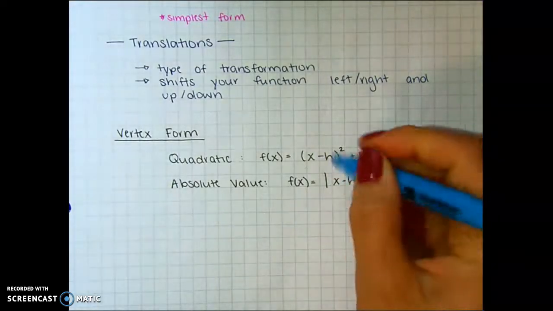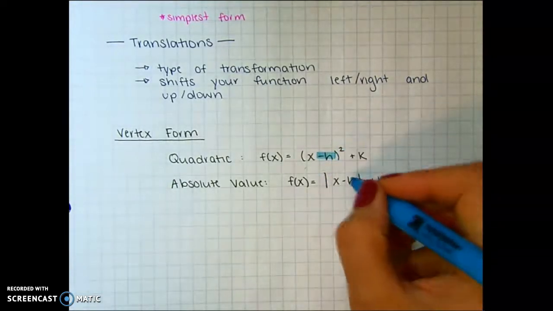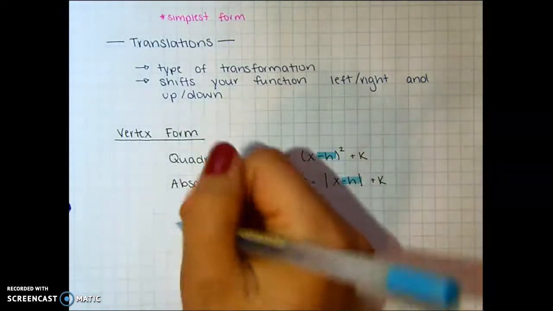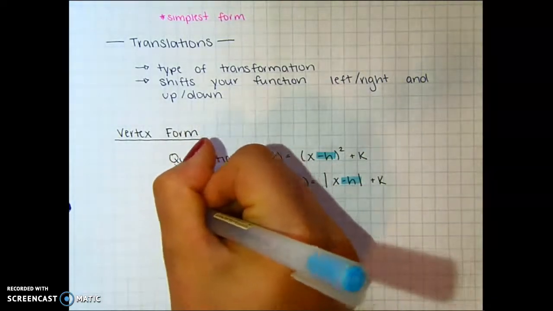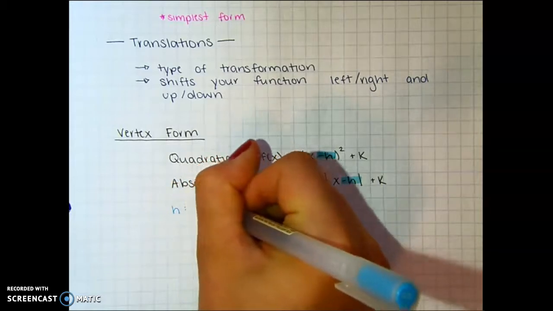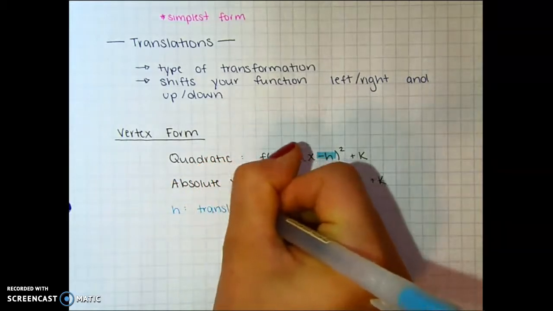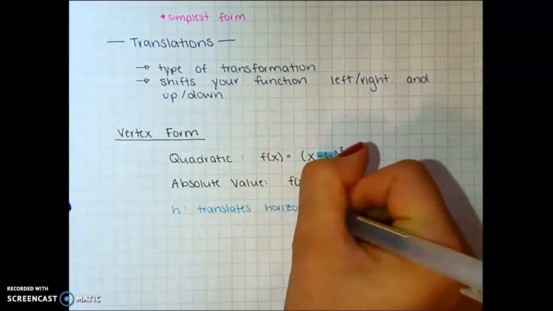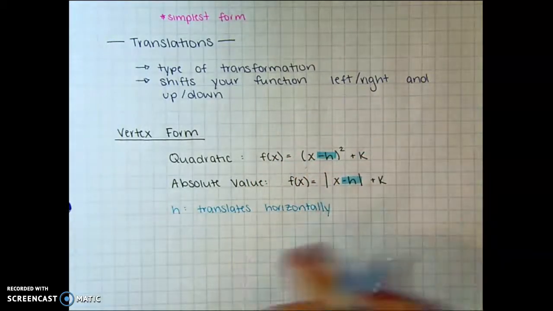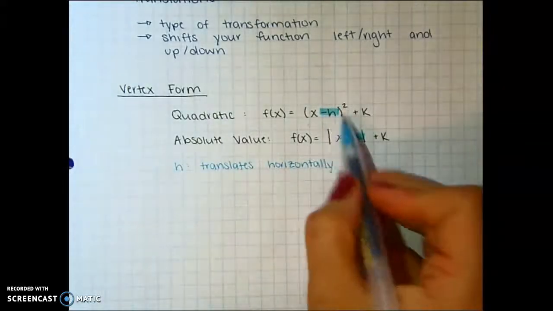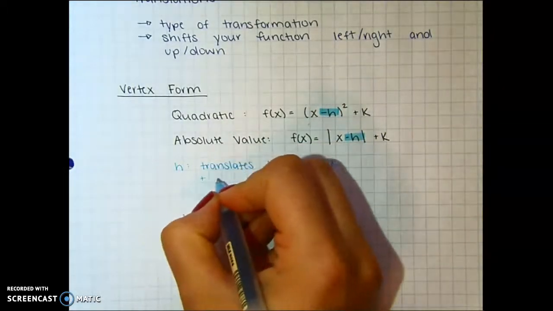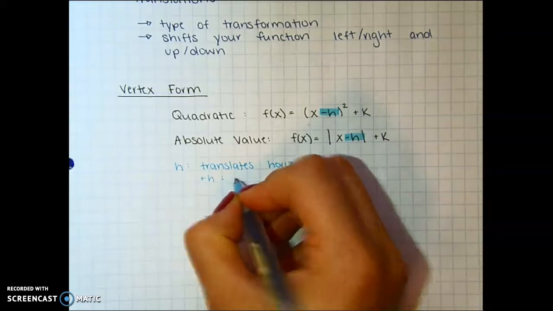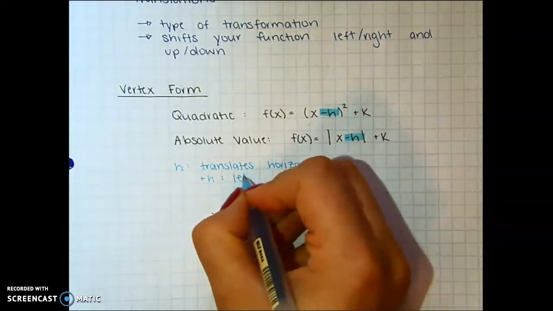So the h value, that translates your function horizontally. So that's going to be going left or right. If in the parentheses it's plus h, it translates left.